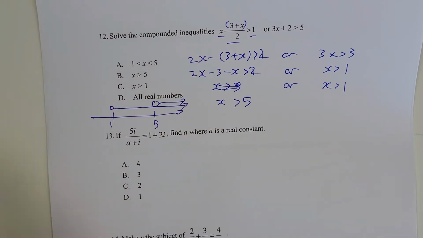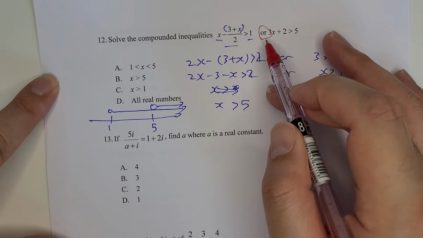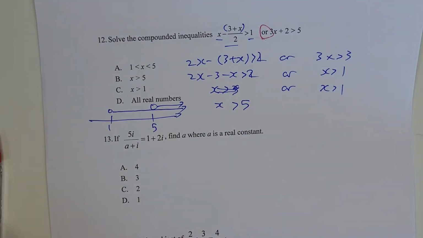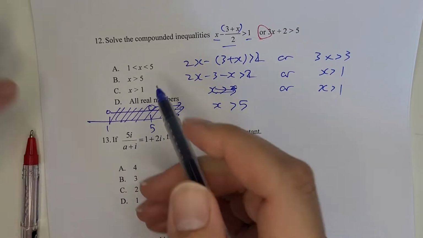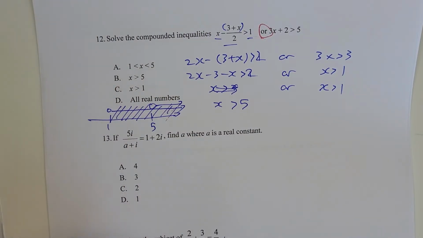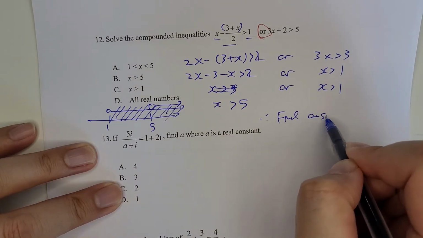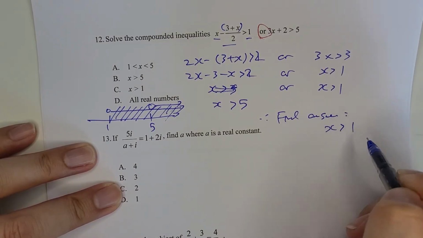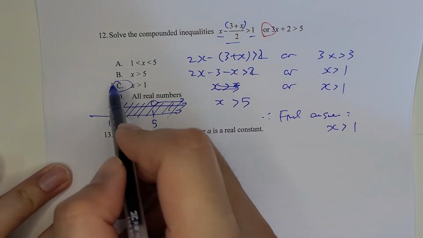Since the keyword is or, that means we take all regions, as much region as we want. So starting from x greater than 1, there's a line covered. Therefore, the final answer is x greater than 1. And hence, the answer is C.